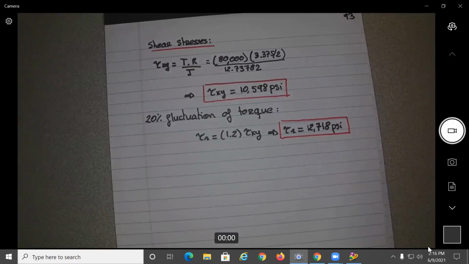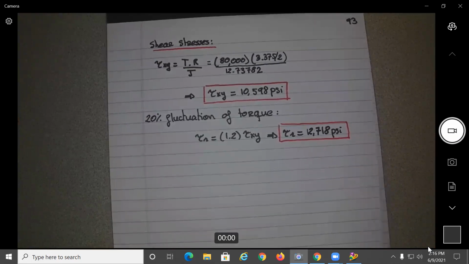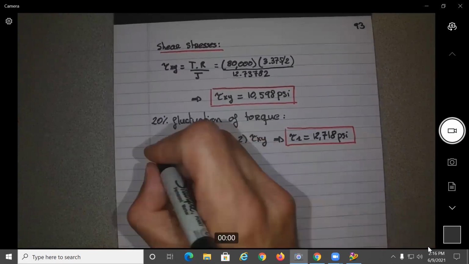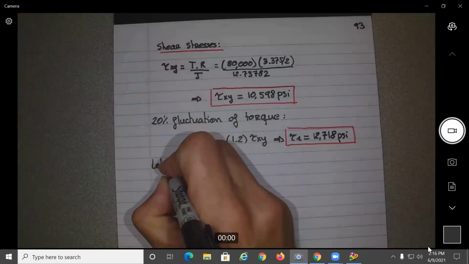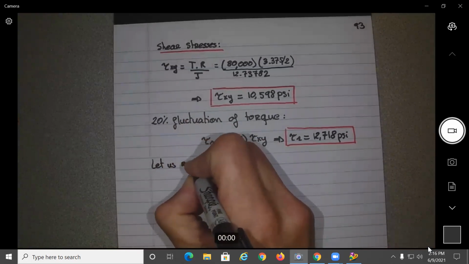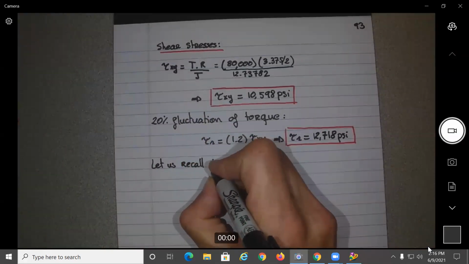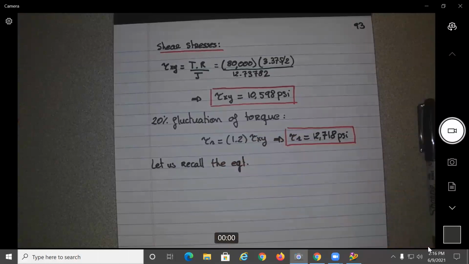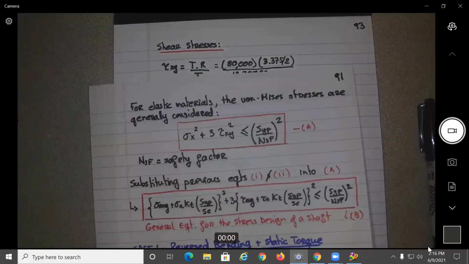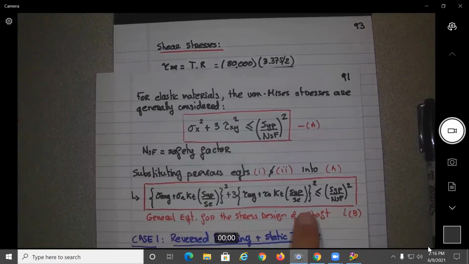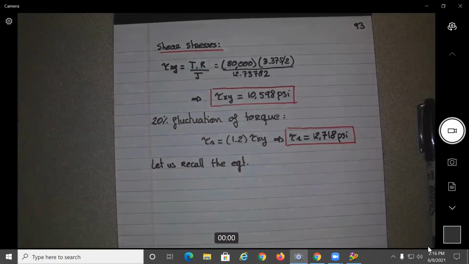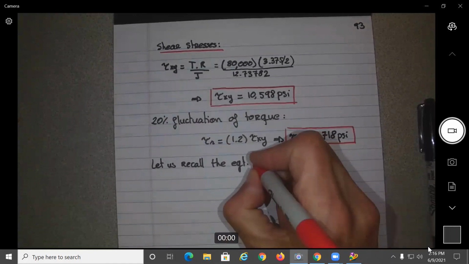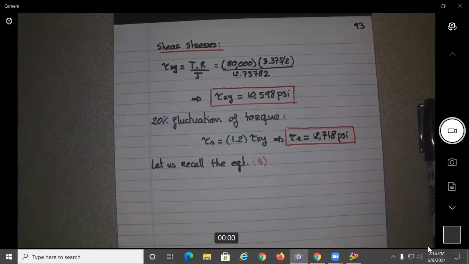Okay, so let us recall the equation, which is the one of the design. I think we call it equation D. So this long equation over here, okay? So equation B. And let's see what is the case in this problem.